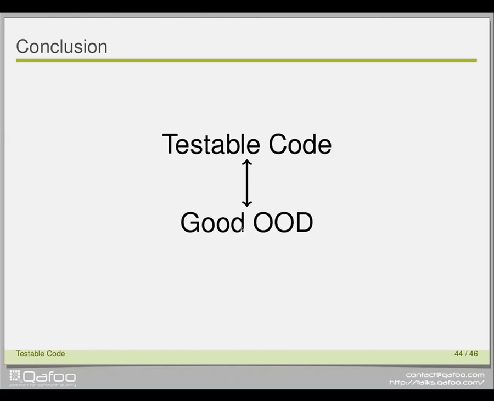If you want to write your code testable, one of the biggest issues is that you need a good object-oriented design and nicely crafted classes in your system. And of course, you desire to have good object-oriented design. To achieve that, a good way is to think about the code that it should be testable in the end, to think about the interfaces that they should be testable in the end. Those both are really closely related to each other.